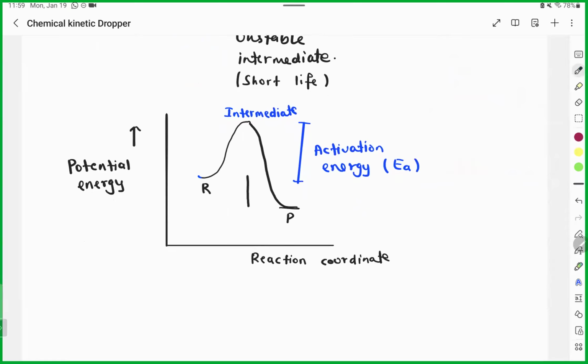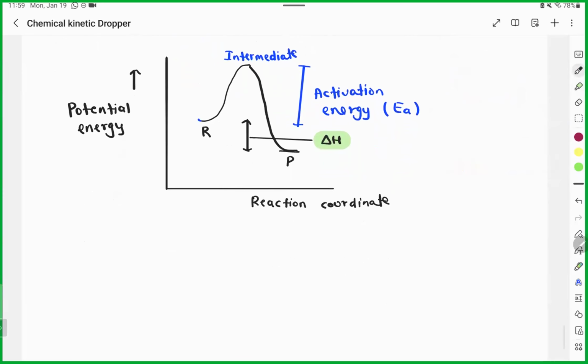The change in enthalpy in this case will be delta H. It can be positive or negative, both are possible. Delta H, correct? So, Chandana, what is the factor that decides the final enthalpy of this reaction?